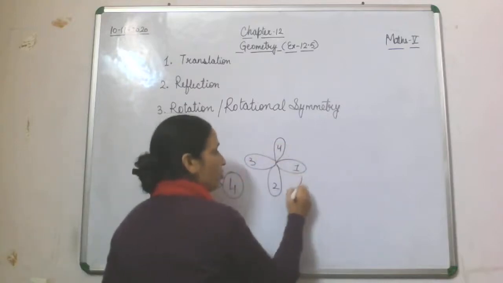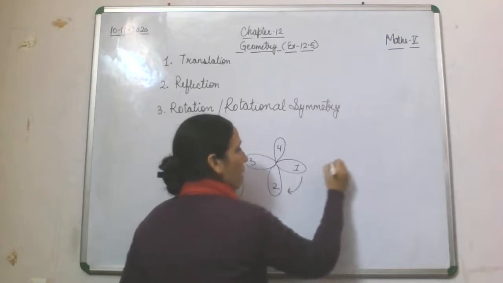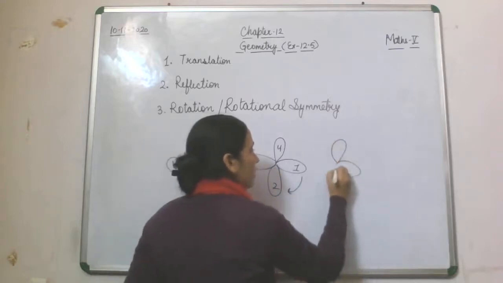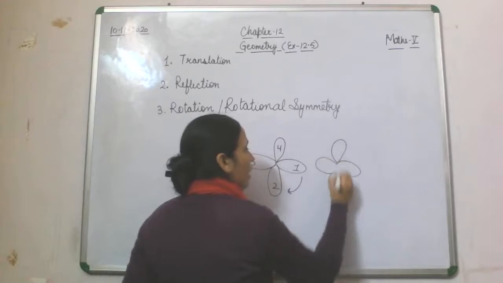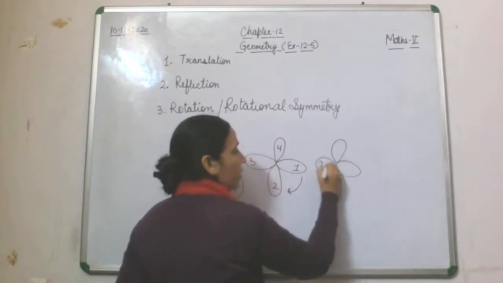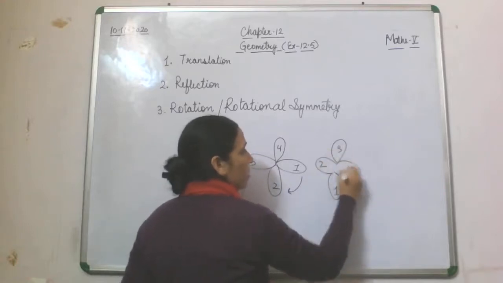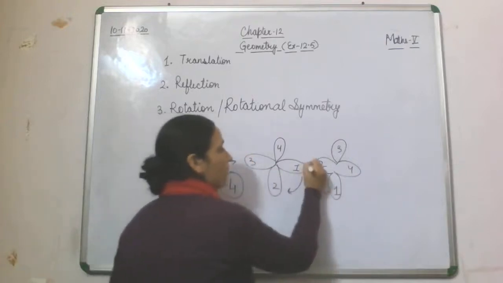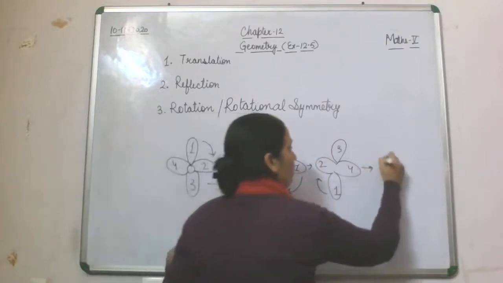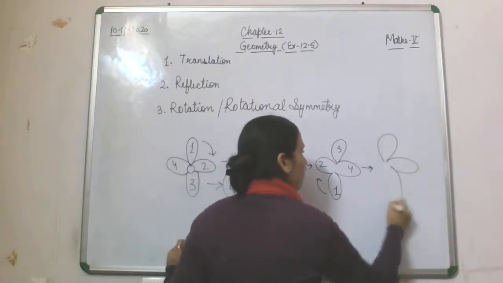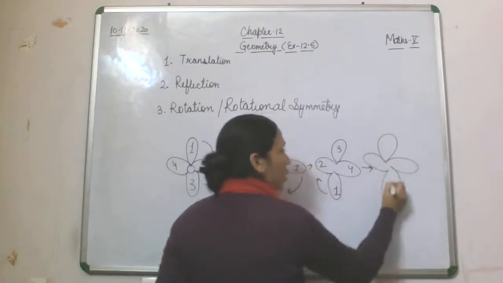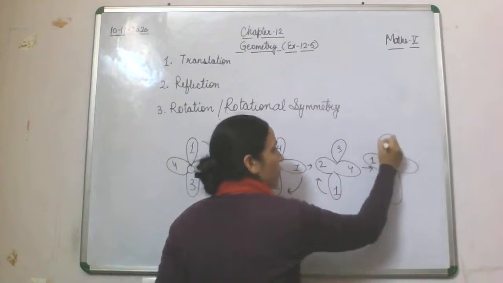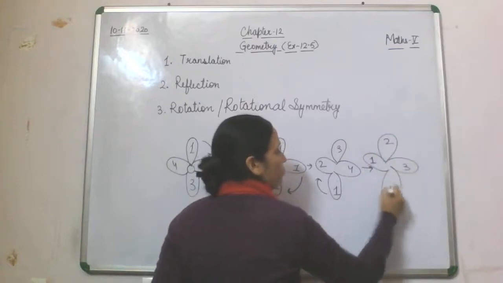Again when I rotate it like this, you get this figure, and now 1 will be coming here, 2, 3 and 4. Then again when I rotate it, you get this kind of fan, and now 1 will come on this position, 1, 2, 3 and 4.